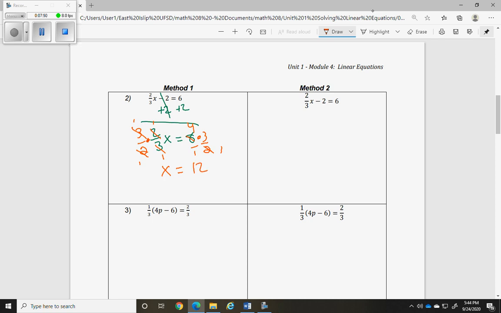Let's just make a note for ourselves about this fractional coefficient. If you have a fractional coefficient, you can multiply both sides by the reciprocal.